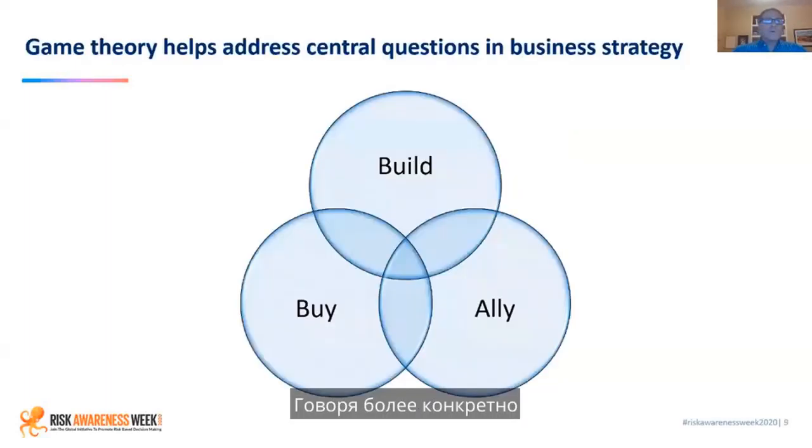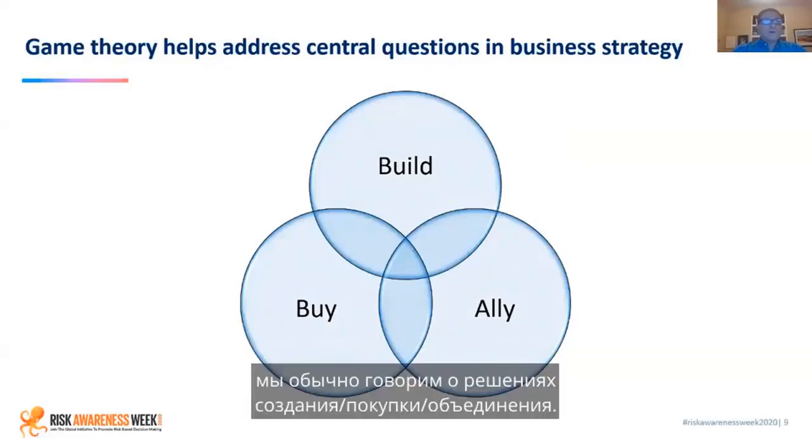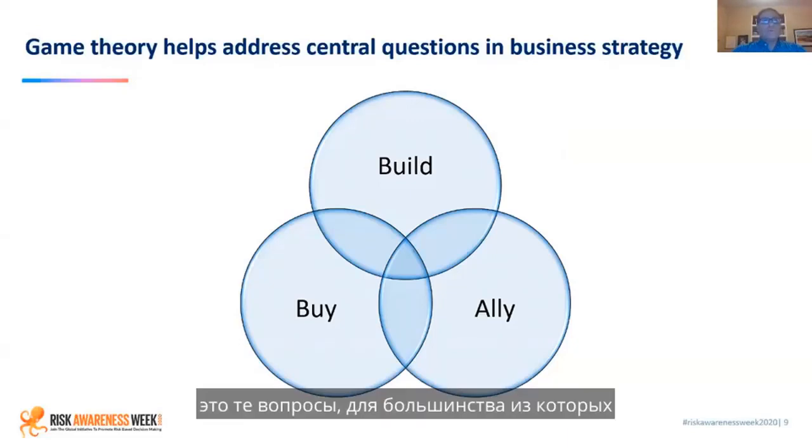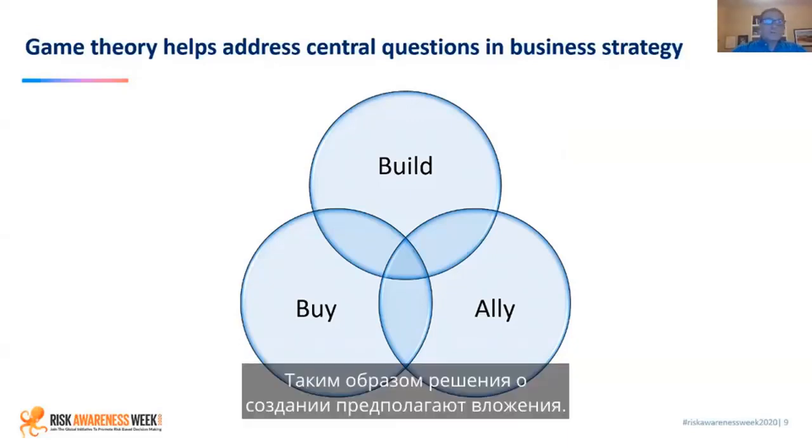Now, in terms of more specifically business strategy questions, we typically talk about build, buy, ally decisions. These are not only central questions in business strategy, they're ones where game theory should be employed in most cases. So build decisions involve investments.